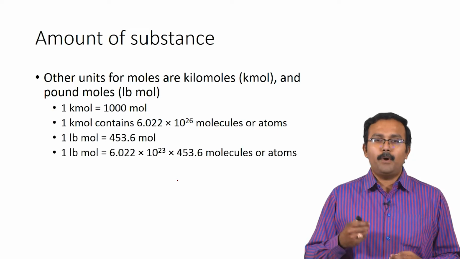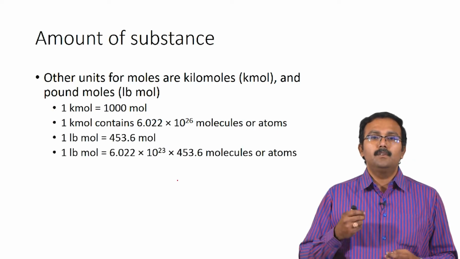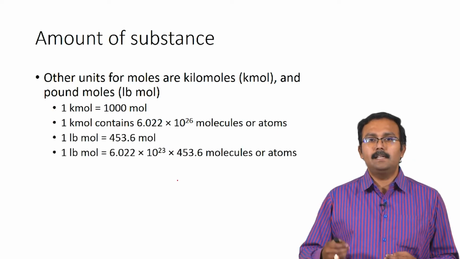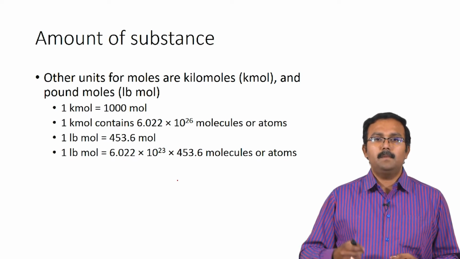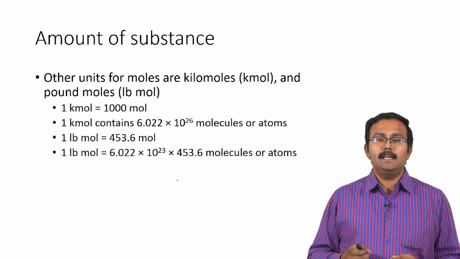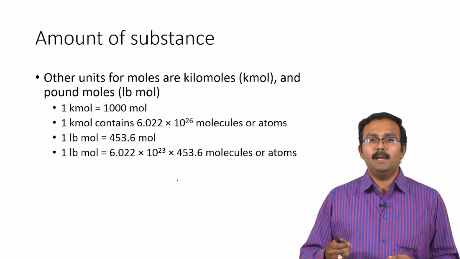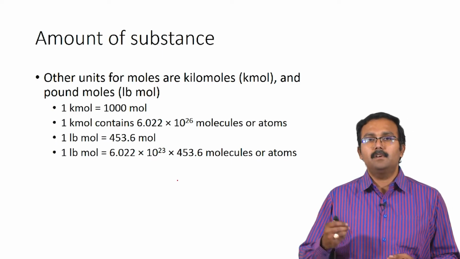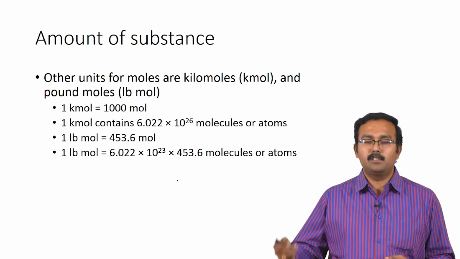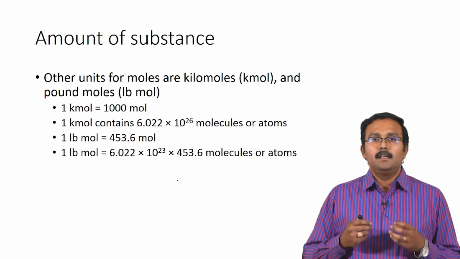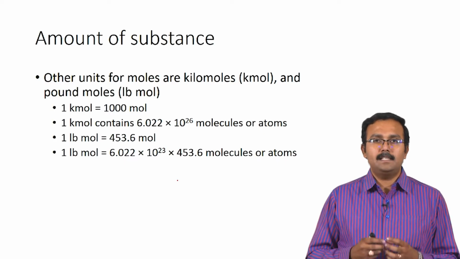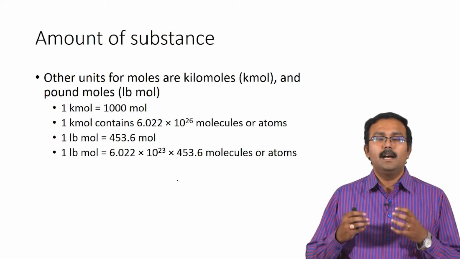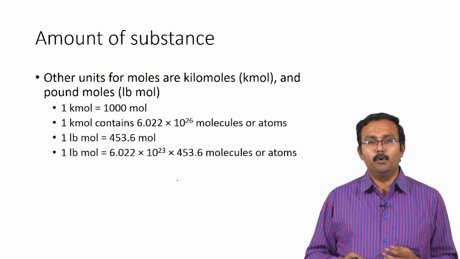Similarly, 1 pound mole would be 453.6 moles. Thereby, 1 pound mole would contain 6.022 times 10 power 23 times 453.6 molecules or atoms. Knowing this is crucial for understanding American engineering system and understanding the concept of pound moles.